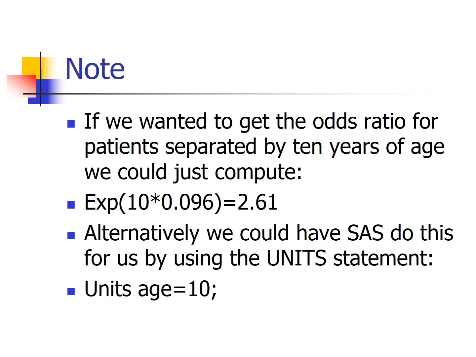Actually, when we do it this way, it's almost like creating groups, and so it might sound better if we said something like, comparing people who differ only by 10 years of age, the odds of the older group having the disease is going to be 2.61 times that of the younger group.